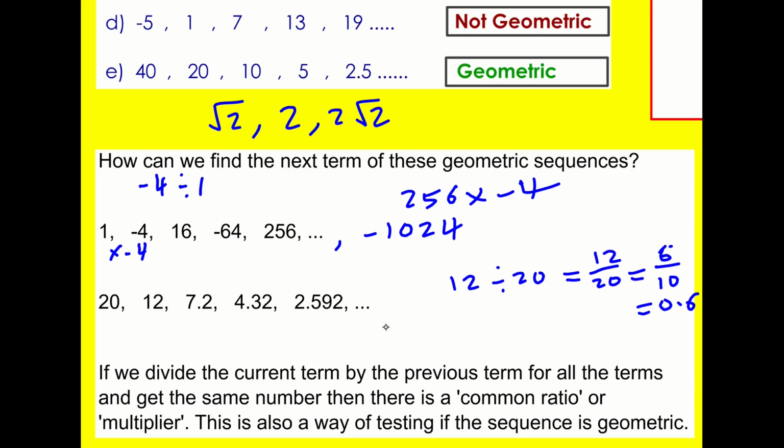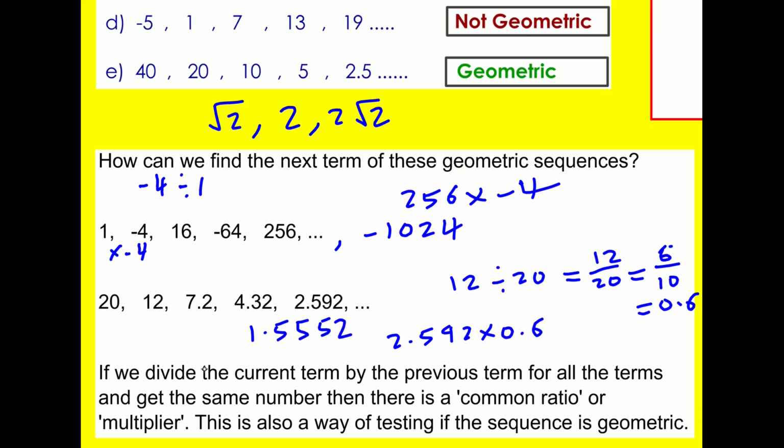So I'm going to have to do 2.592 times 0.6 to find the next term, which is, the numbers are getting smaller, 1.5552. That's the next term. So be aware of that.